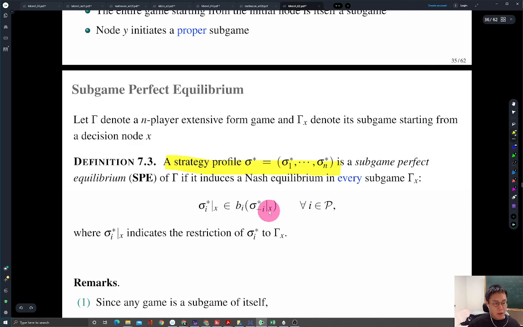In other words, SPE, subgame perfect equilibrium, requires Nash equilibrium play in every possible subgame.